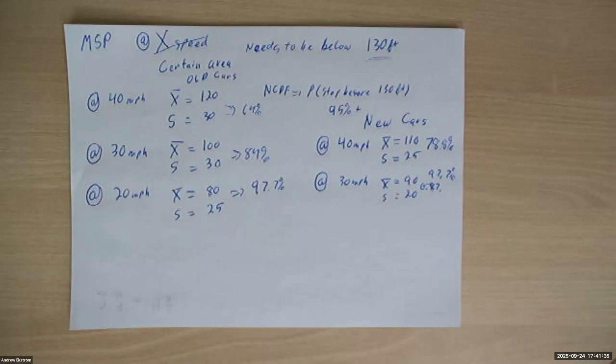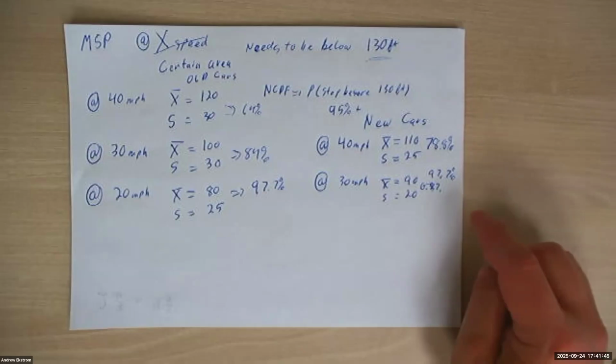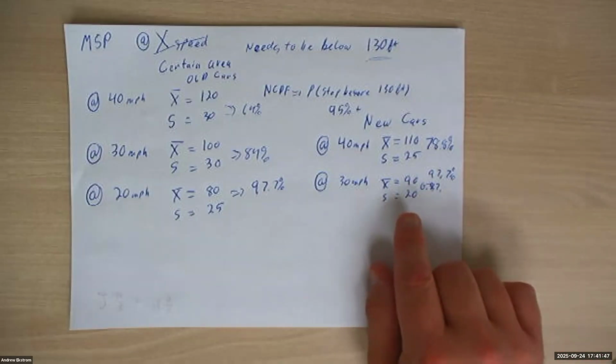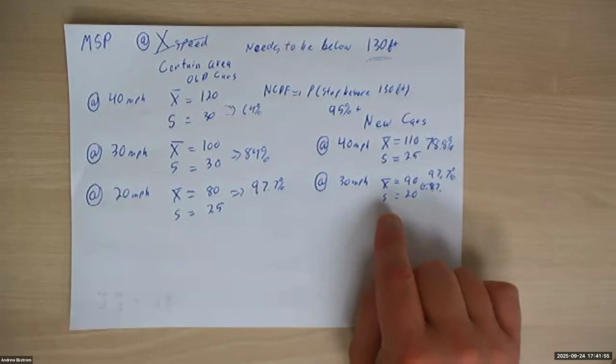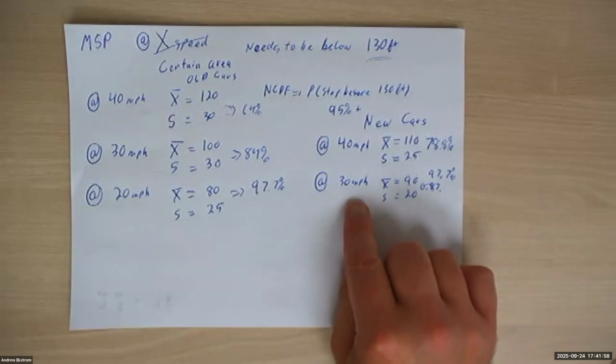So I know for some of you, you might look at the people that are driving down the road in your neighborhood and think, hey, they're going way too fast. Totally get that, totally understand that. But the way that the MSP looks at it, the way that a lot of other cities look at it when it comes time for doing these types of calculations, this is what they're actually doing.